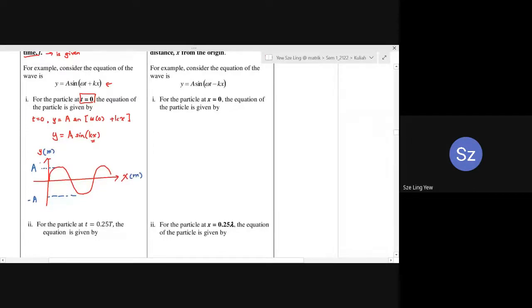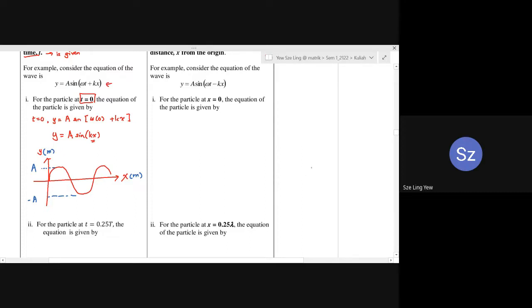Y is a displacement: you're looking at the displacement of one particle. And x is the position of the particle from the source. So remember, y and x, what is the difference? Y refers to the displacement of a particle from its equilibrium position. X refers to the distance of that particular particle from the source.